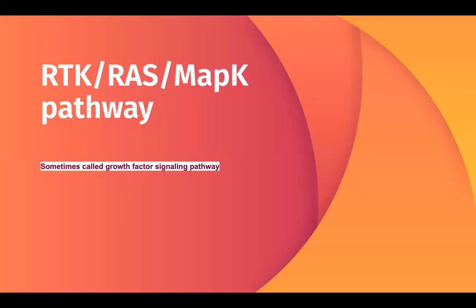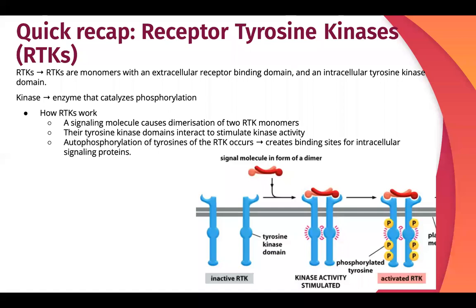So we will start with the RTK RAS-MAPK pathway. This is also sometimes called the growth factor signaling pathway. And so just a recap of RTKs. RTKs are receptor tyrosine kinases. So they're monomers that have an extracellular receptor binding domain, and then they have intracellular tyrosine kinase domains.